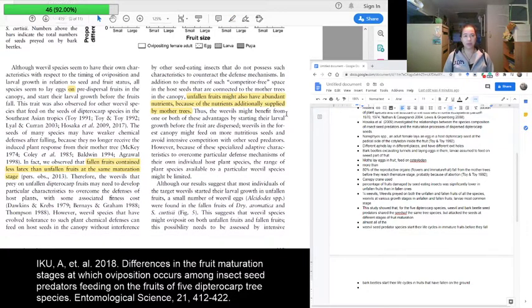Thus, the weevils might benefit from one or both of these advantages by starting their larval growth before the fruits are dispersed. So weevils benefit. Okay.